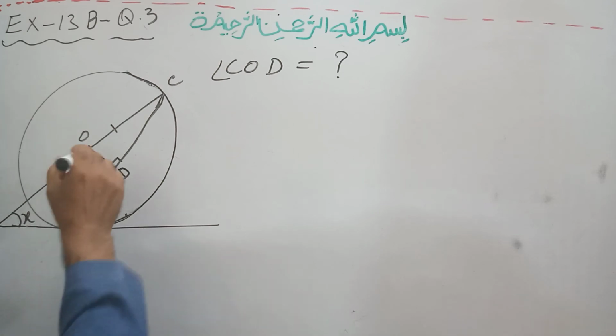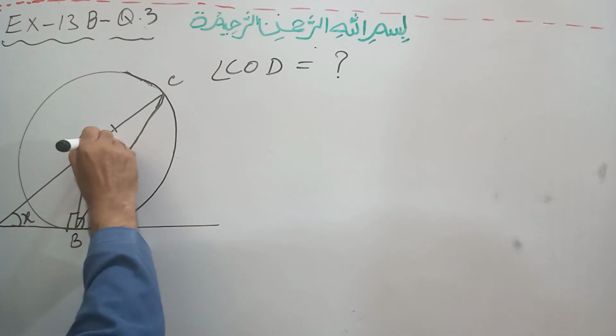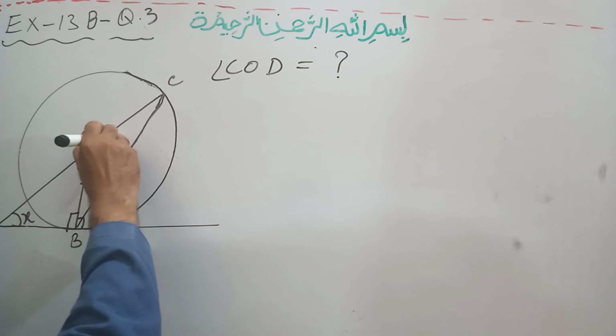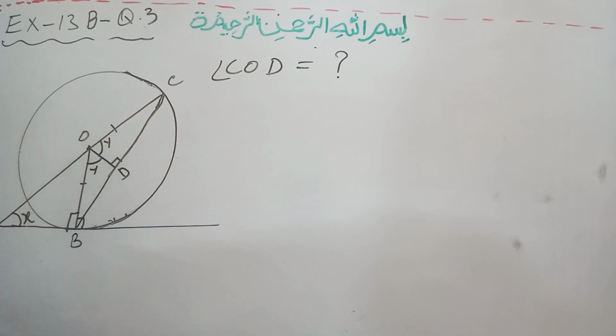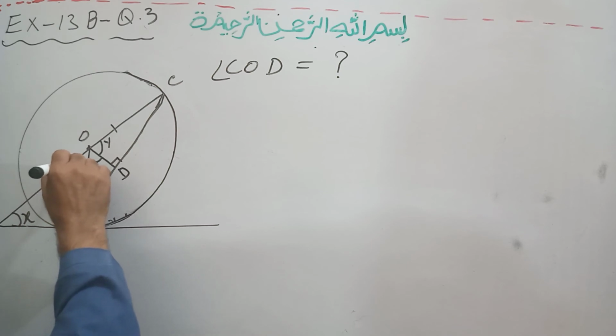So let's suppose this angle is Y, so this will also be Y, making 2Y.